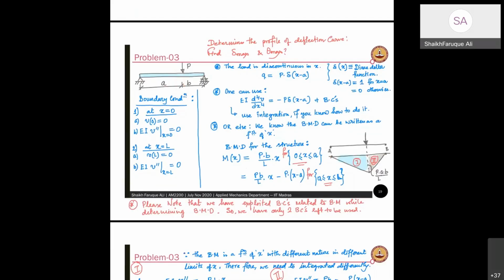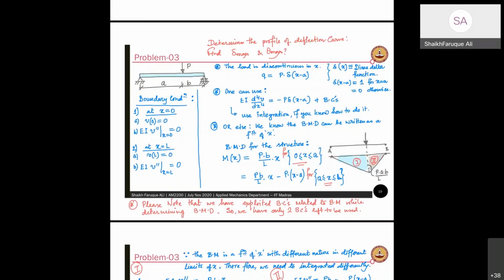Now also, those who are interested in coding, can you please code and see what happens when P moves? You can draw a diagram of deflection, maximum deflection, as P is here and then moves here, and here, and goes out, as if a vehicle has joined here on the bridge. This is a bridge, and a vehicle has come here and moved very slowly and went out, so that it remains static. In that case, what happens to the maximum deflection, and where does the maximum deflection occur?